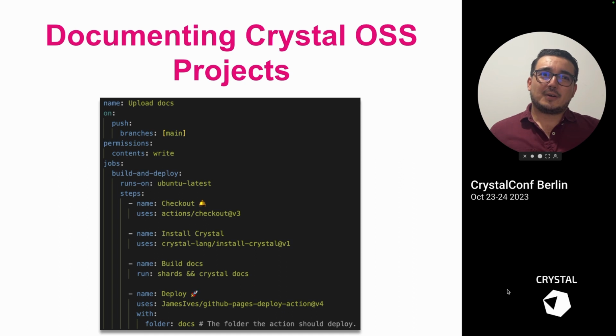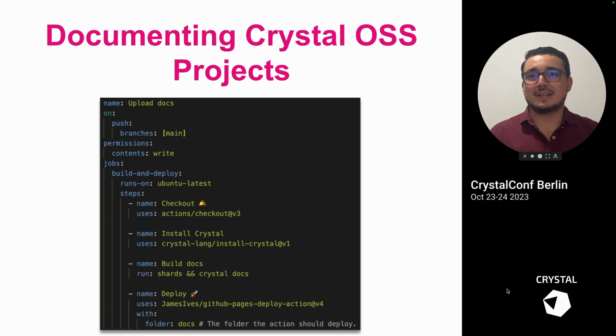Now, with all this work done in the project, I was looking for a way to also document the project. I relied on the built-in docs feature from the Crystal language itself that would automatically build a static website for your docs.